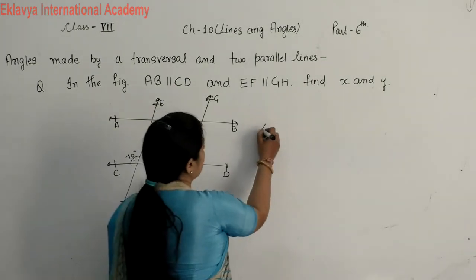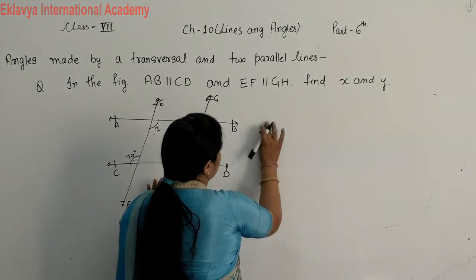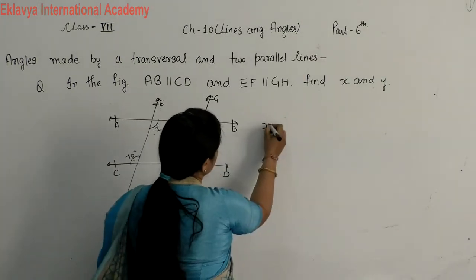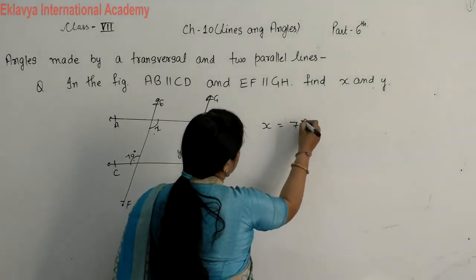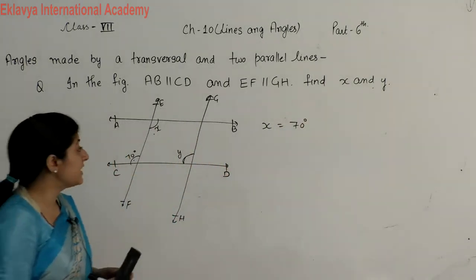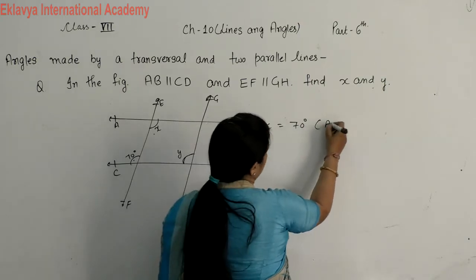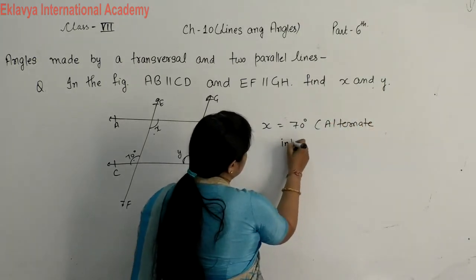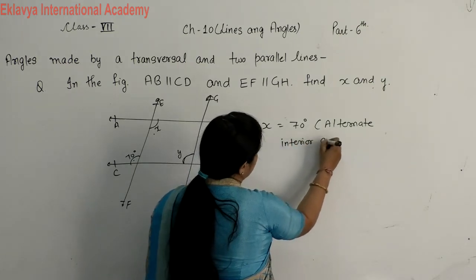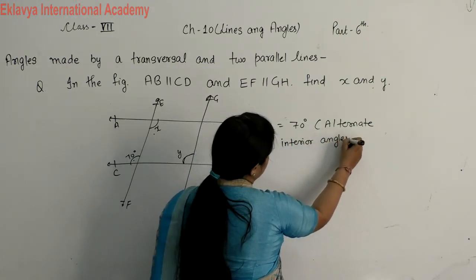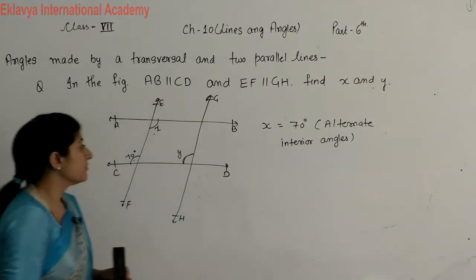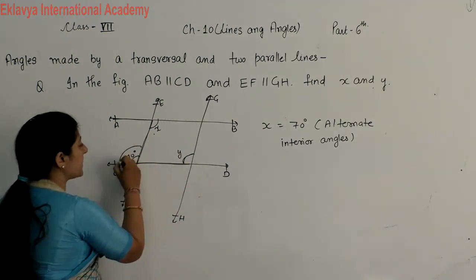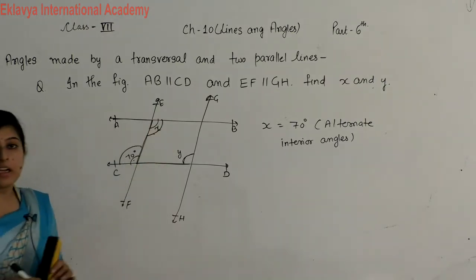So we can say that x is equal to 70 degree. What is the reason? Alternate interior angles. See this side? It is forming Z, it means this one.